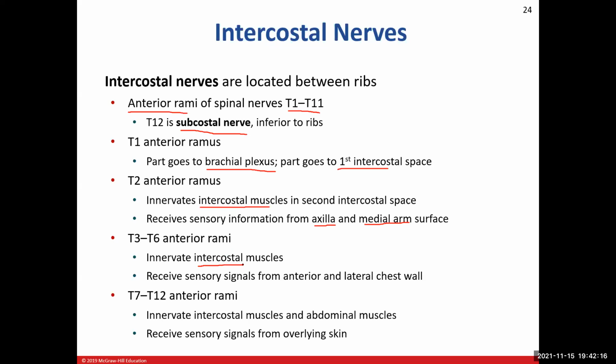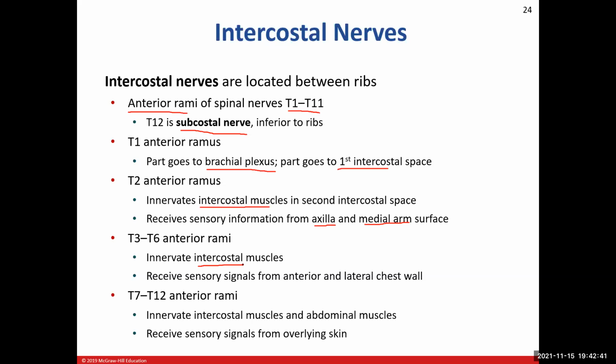So a spinal nerve is going to receive sensory innervation from the skin, and it's also going to provide motor output to specific muscles, so you'll see that two-way street.